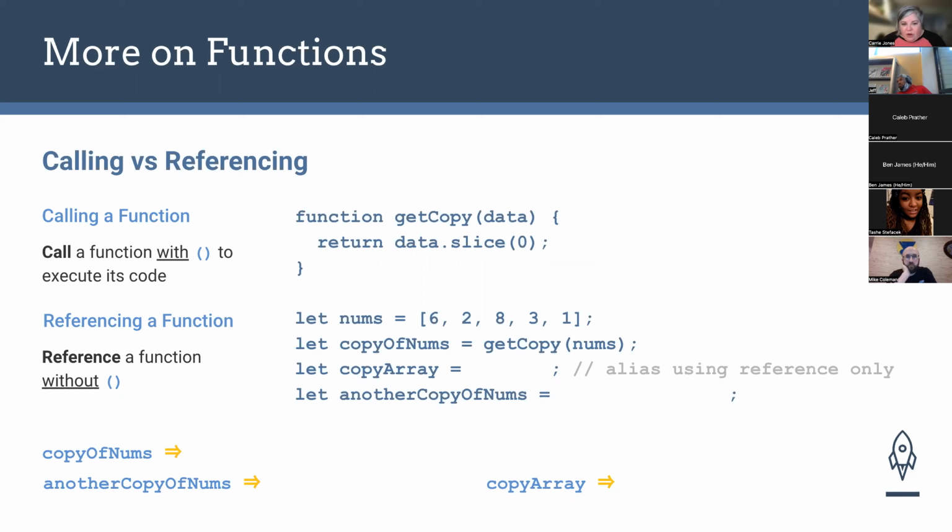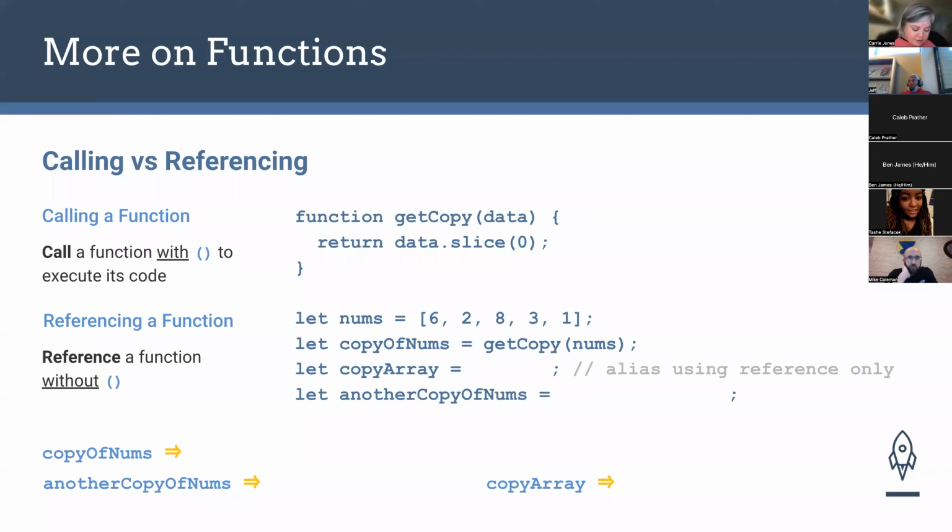And as you may recall, the slice method works for both strings and arrays. And if you give it just one index, it's going to return everything from there to the end, right? So essentially what this does is say, I'm just going to give you a copy of the entire thing because I'm going to start at 0 and go all the way to the end. So it's a great way to make a copy, especially of arrays.